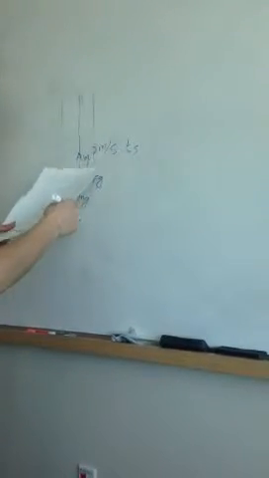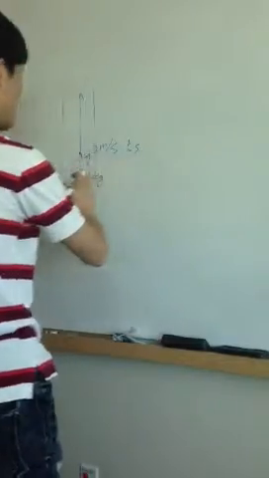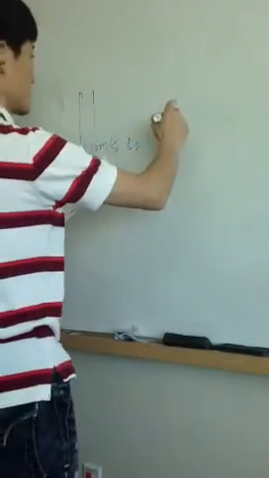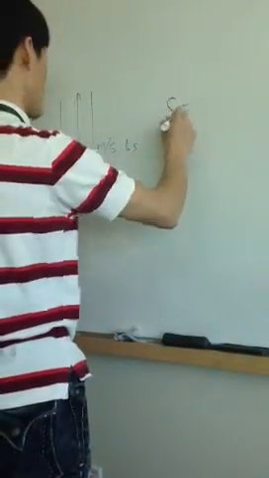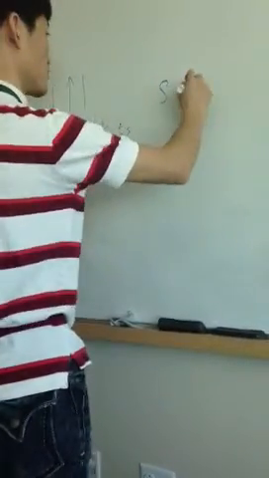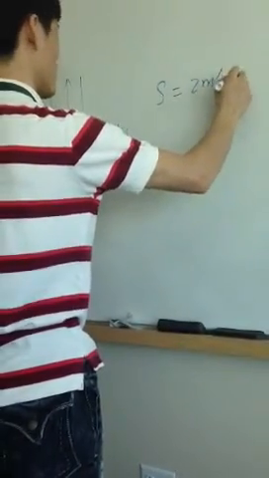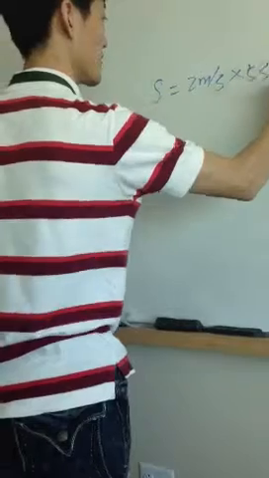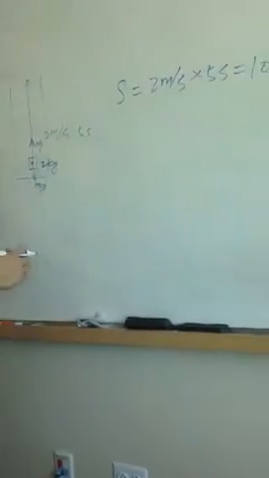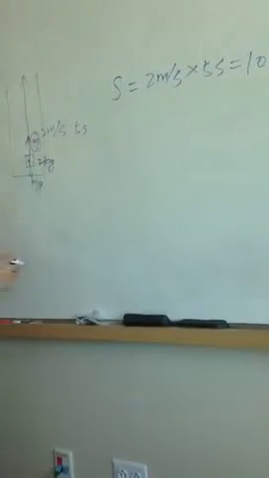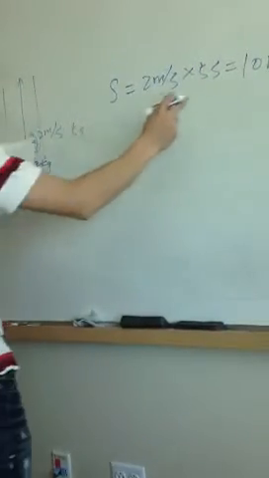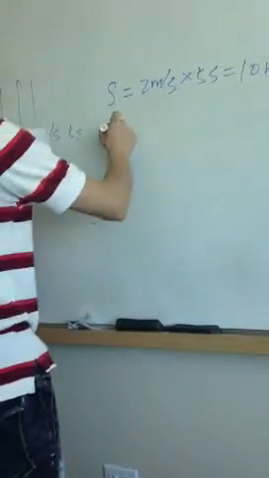And then you calculate the distance in 5 seconds, how far it moves. Times 5 seconds will be 10 meters. So this force acts on this object for 10 meters, right?